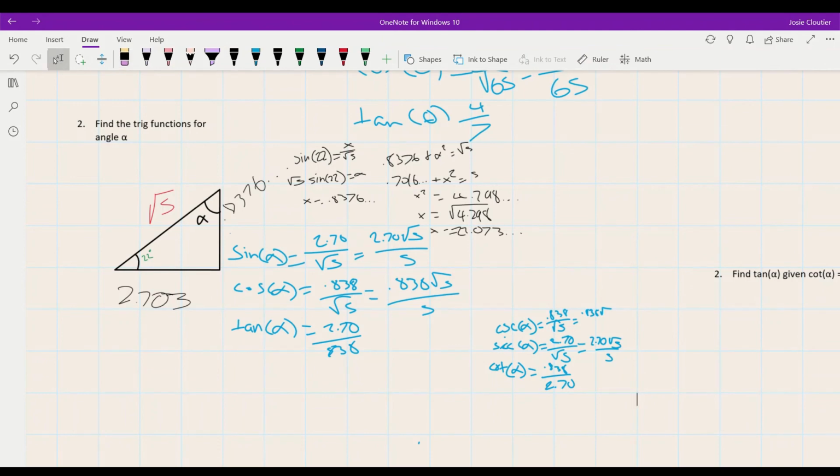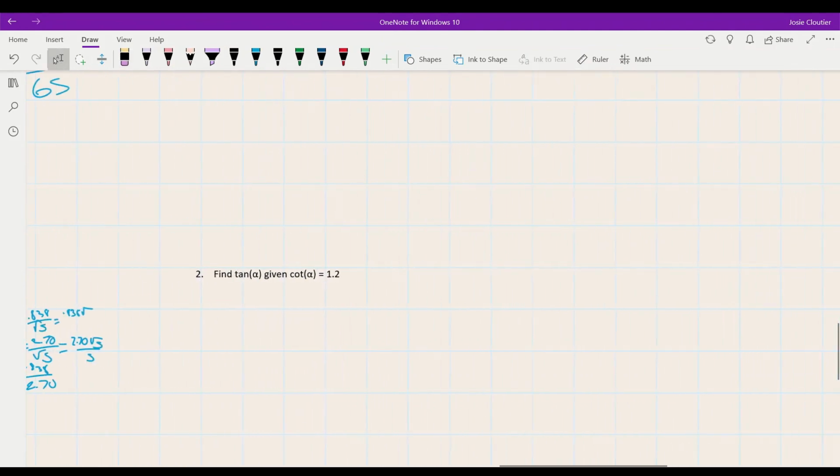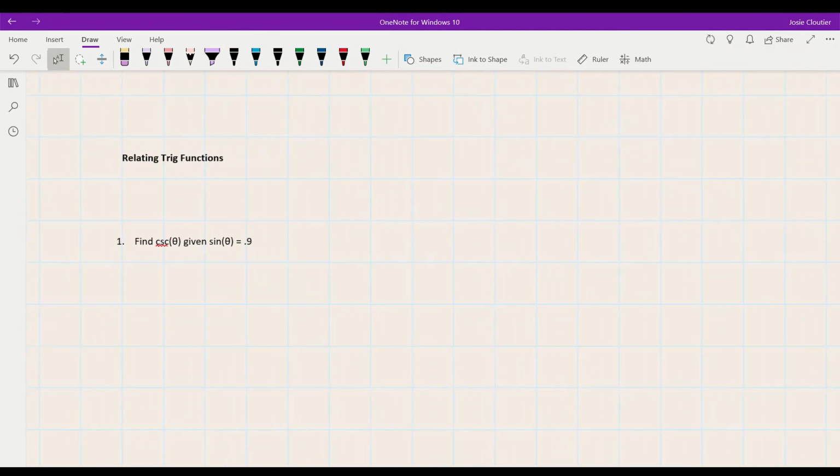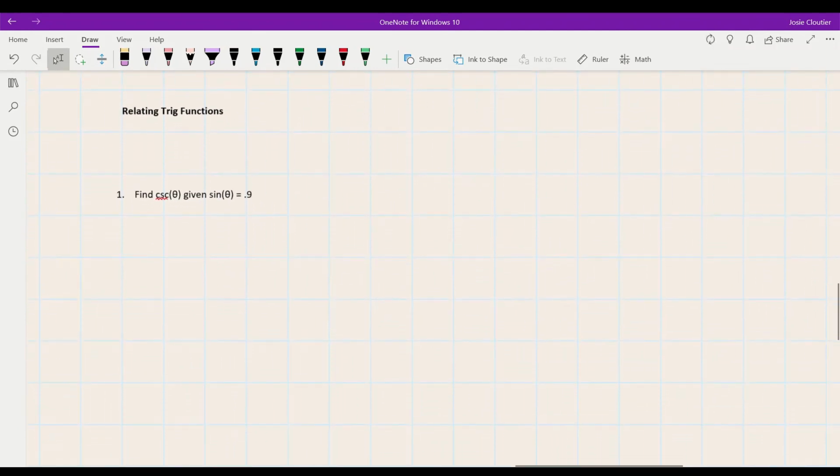Alright, moving on to what I believe is our last section, relating trig functions. Find cosecant of alpha given sine of alpha is 0.9. So as we've talked about, sine is equal to opposite over hypotenuse, whereas cosecant is equal to hypotenuse over opposite, the reciprocals of each other.